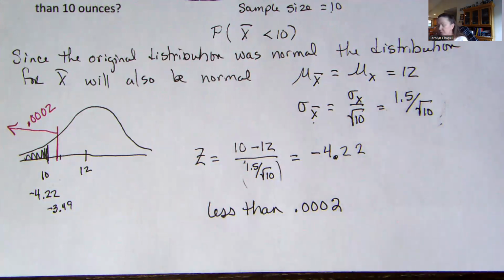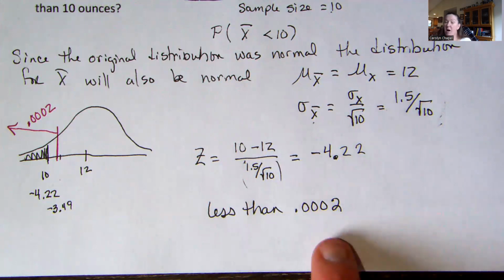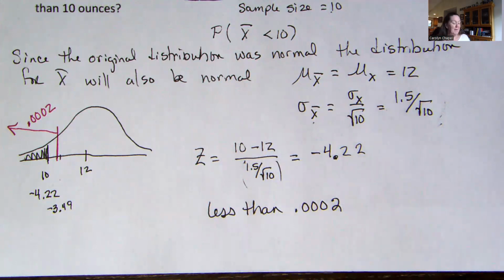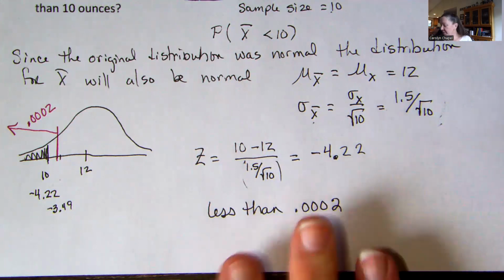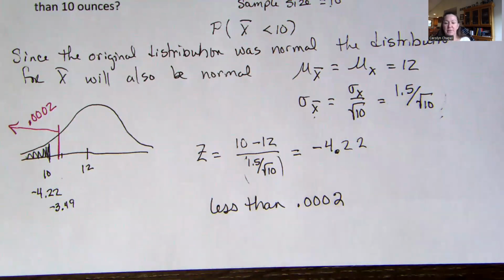Now, some tables will go smaller, but when we're talking about something that's almost zero, we don't need to go much further than that. So I would probably just say it's going to be less than 0.0002, or 0.02%, but a very small probability. So very unlikely that we would get a sample of 10 cans to be less than 10 ounces.